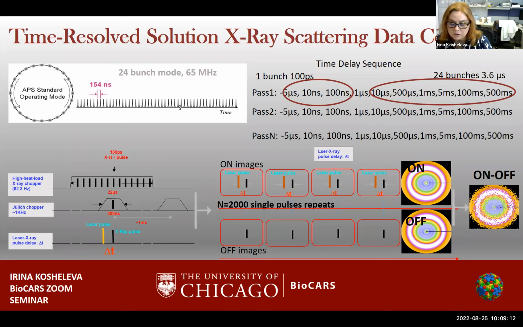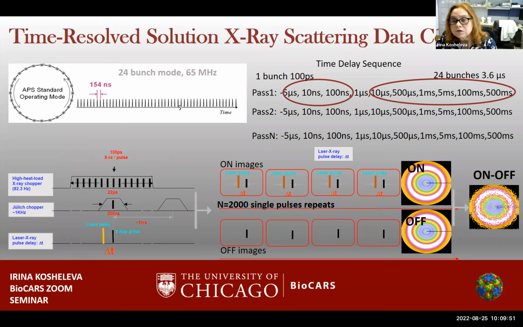In a time-resolved solution scattering experiment at BioCARS, the reaction is normally initiated by the laser and probed by the X-ray pulse, and the time between the laser pulse and X-ray pulse is the time delay. So the reaction is initiated by the laser, probed by the X-ray pulse, then the sample is refreshed, and then the process continues, and the repetition rate for this process can be defined by the users.